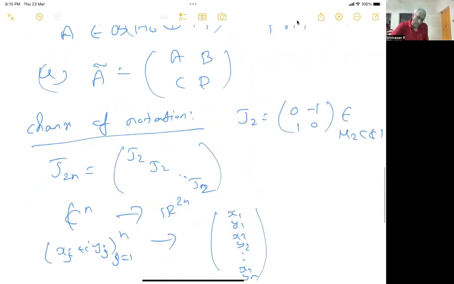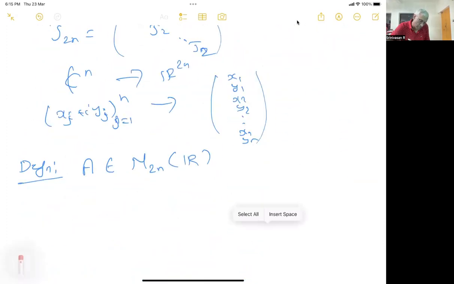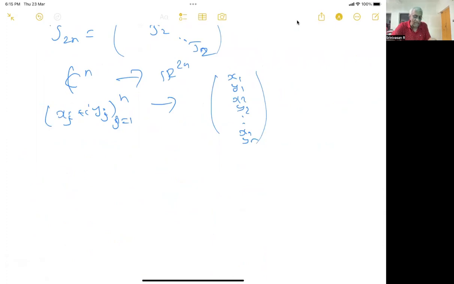So I forgot to add something. When we are identifying Cn with R2n using this map, rather than keeping the x's and y's apart, when we write it like this, then of course the symplectic definition will also change. We have a one-to-one correspondence between the matrices, a unitary will map those matrices together.